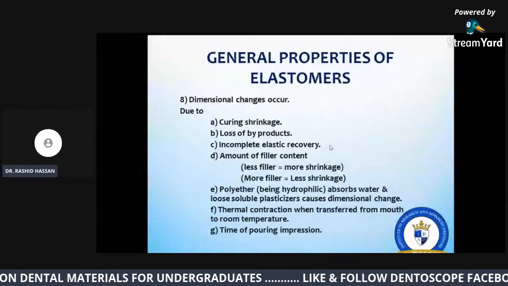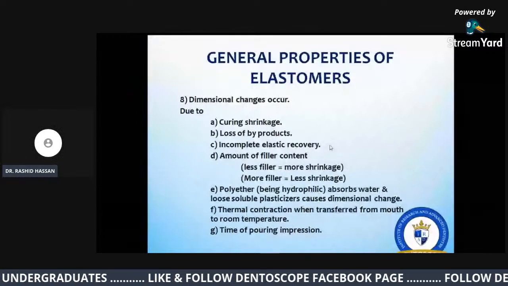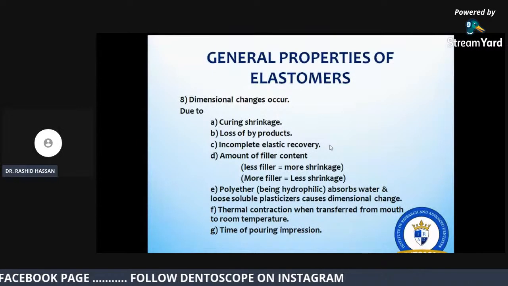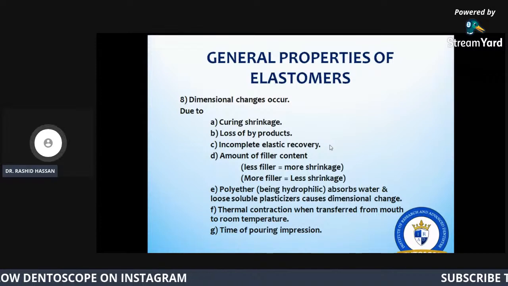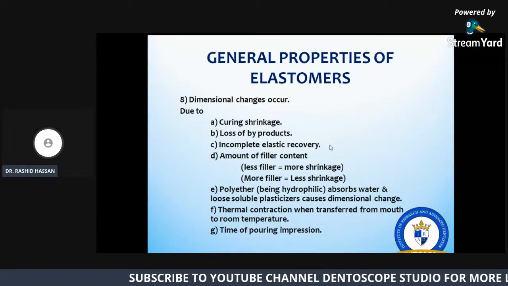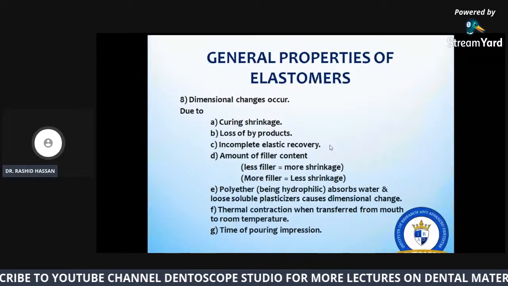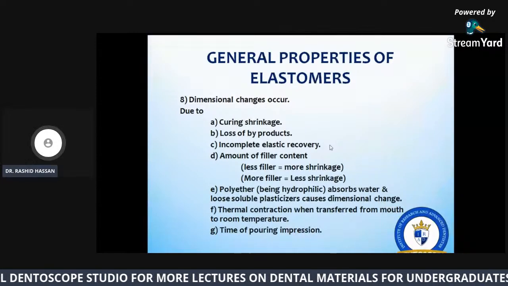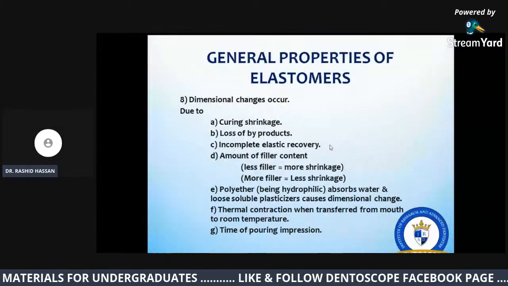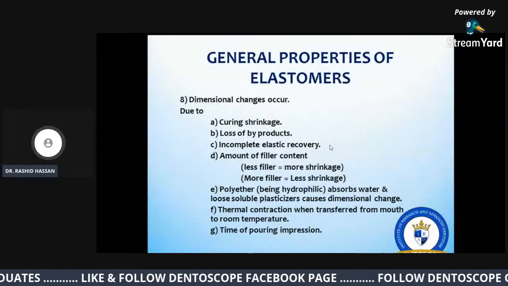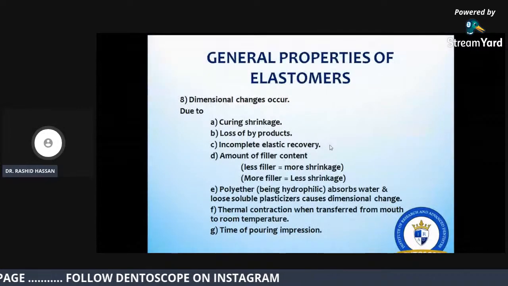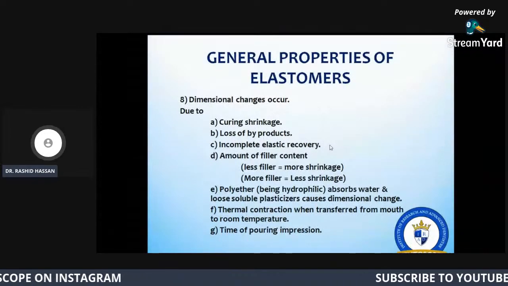Then thermal contraction is always seen when it is transferred from the oral cavity to room temperature, because whenever it is loaded into the tray and into the patient's mouth, the temperature of the oral cavity is different from the outside environment. The normal temperature of the oral cavity ranges from 32 to 37 degrees centigrade, and that also depends upon whether the oral cavity is open or closed.